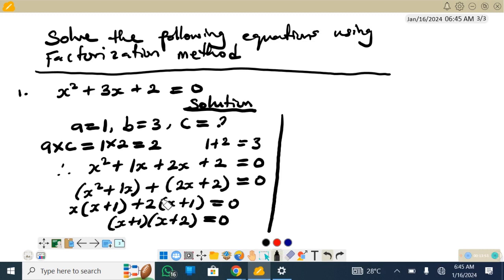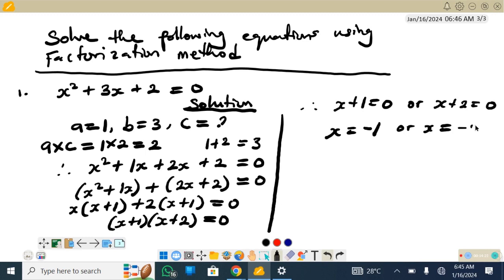Okay, so since we have two expressions here multiplying to give you 0, therefore s plus 1 equal to 0, or s plus 2 equal to 0. Okay, so we now solve for s. That's our last step. So here, s will give you minus 1, or s will give you minus 2. So this is the solution of our equation.